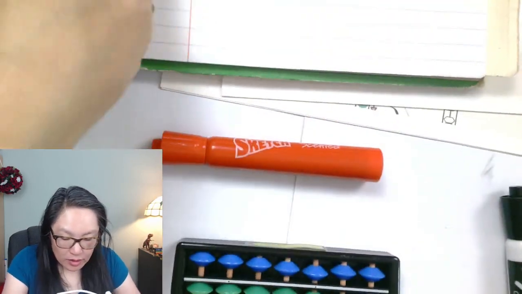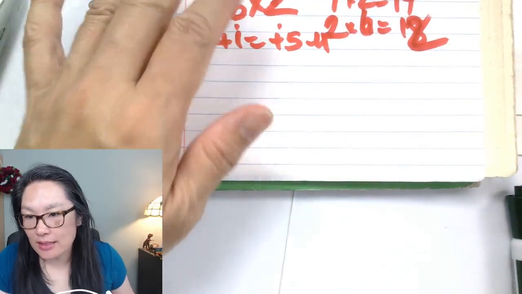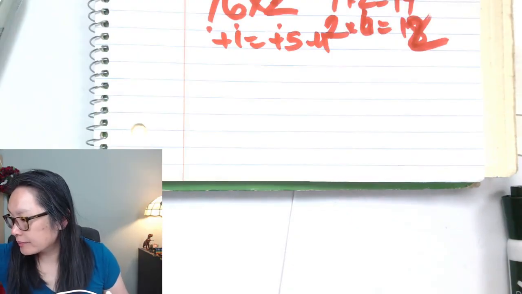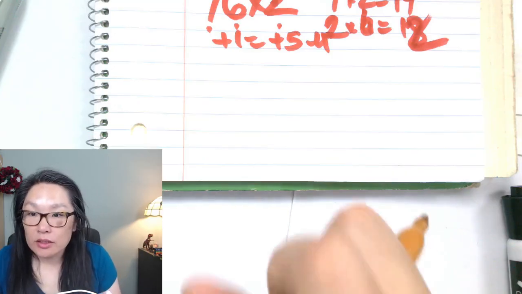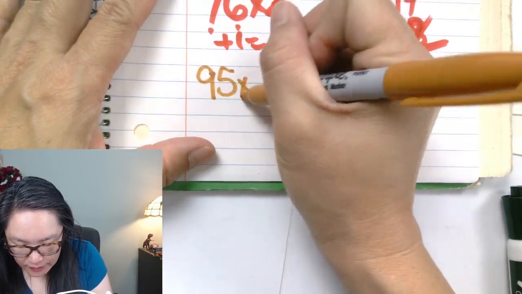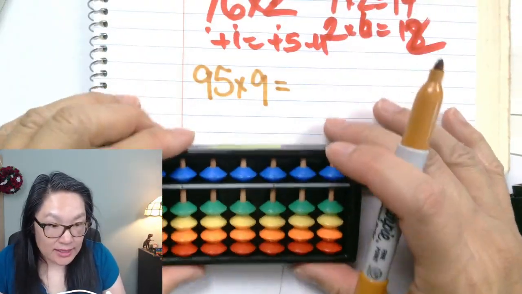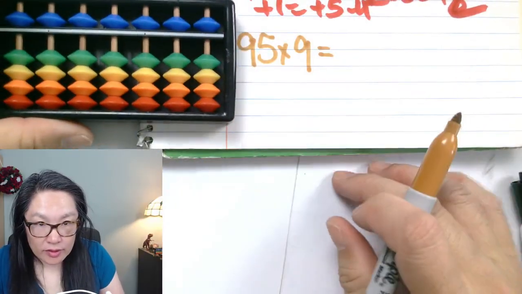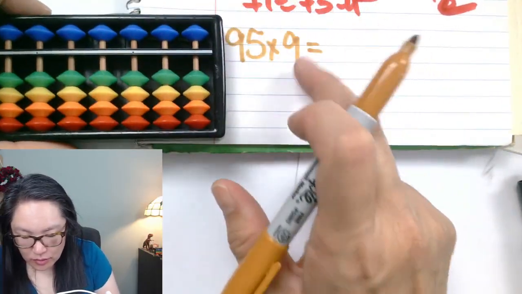But again, understand that when we do multiplication, you need to know your math facts. That's the hands down: you need to know your multiplication facts. Okay, we'll do this one. We'll do 95 times 9. Where's my abacus? Again, it's the same thing. 1, 2, 3.